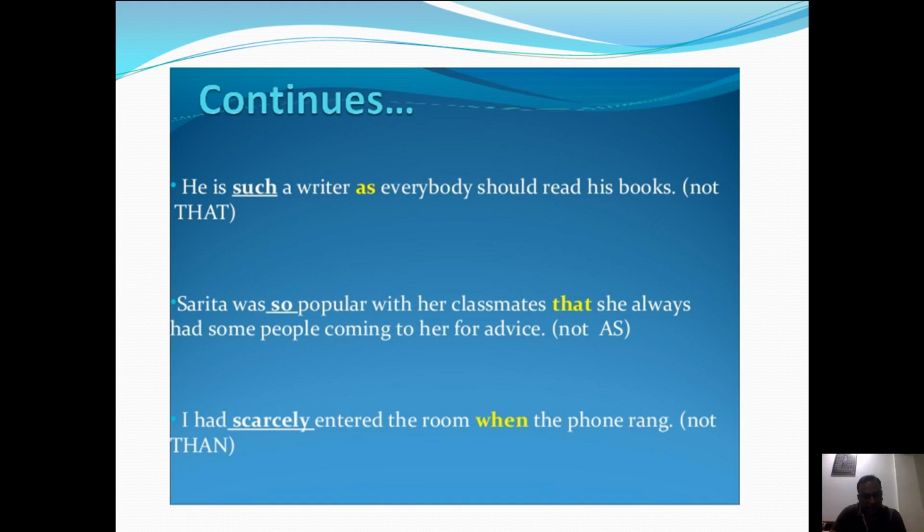If you use as, how will it be? Sarita was so popular with her classmates as she always had some people coming to her for advice. I had scarcely entered the room when the phone rang, not then.